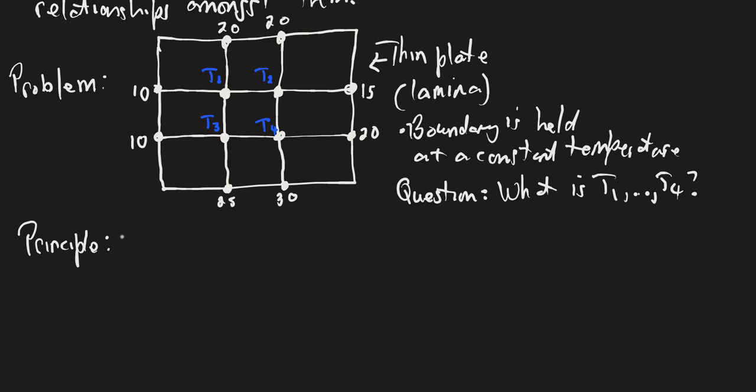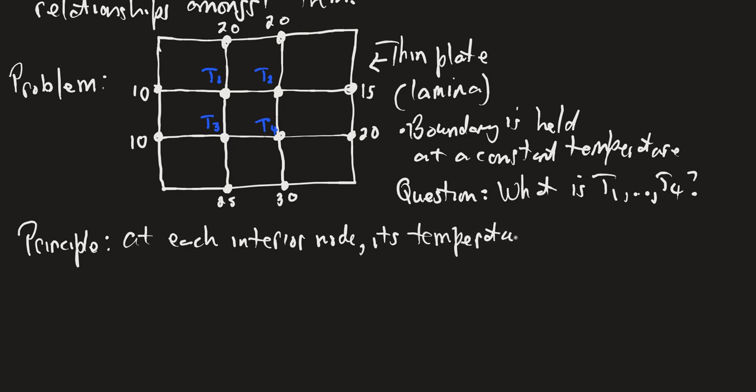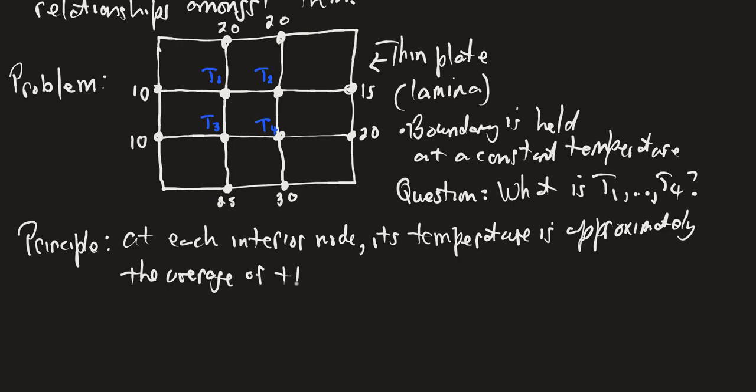So the principle is this: at each interior node or point, its temperature is approximately equal to the average of the 4 surrounding temperatures.